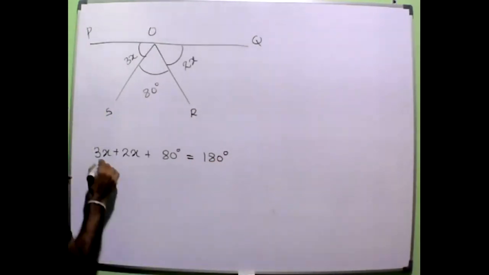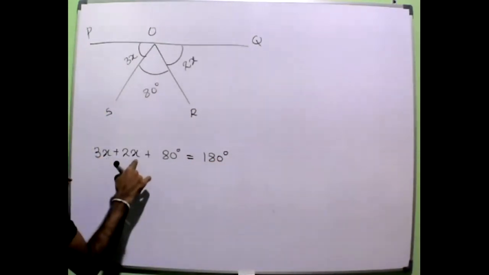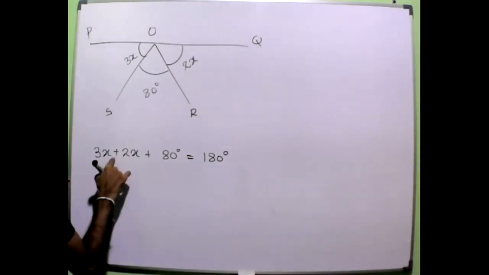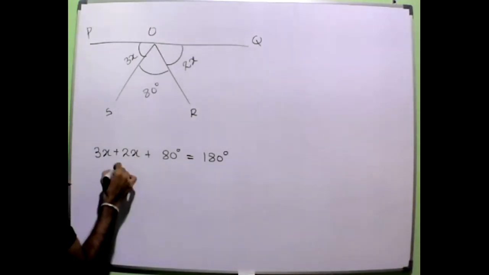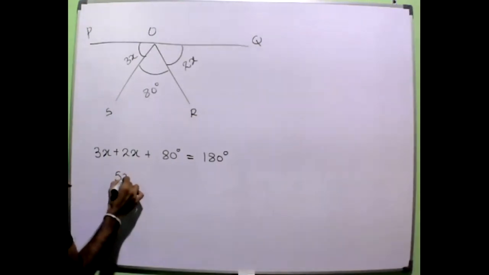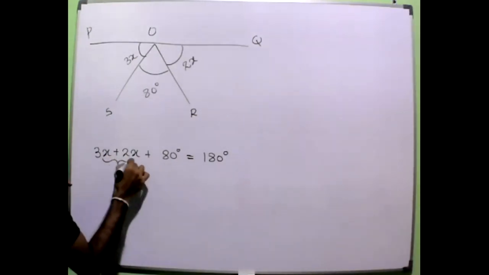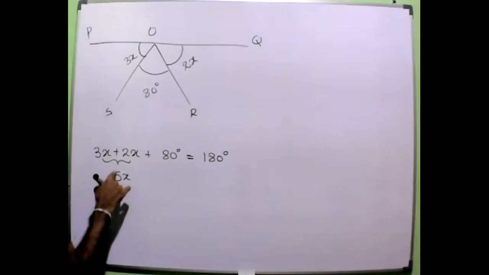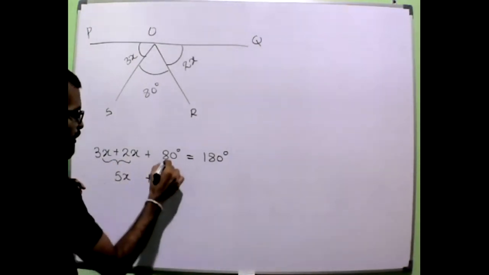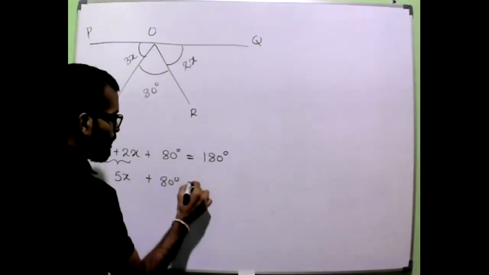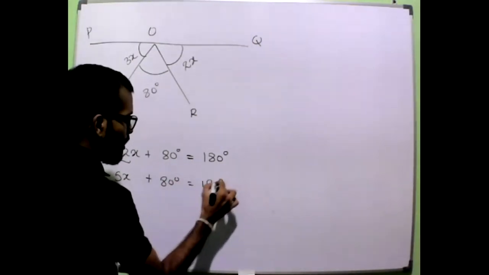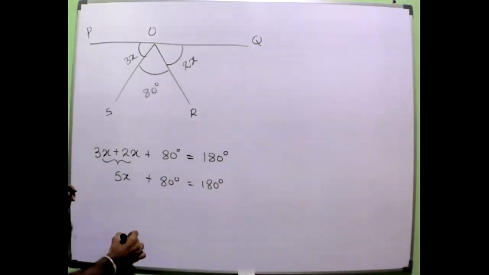Now 3 oranges plus 2 oranges, similar terms: 3 plus 2, 5x plus 80 degrees equals 180.